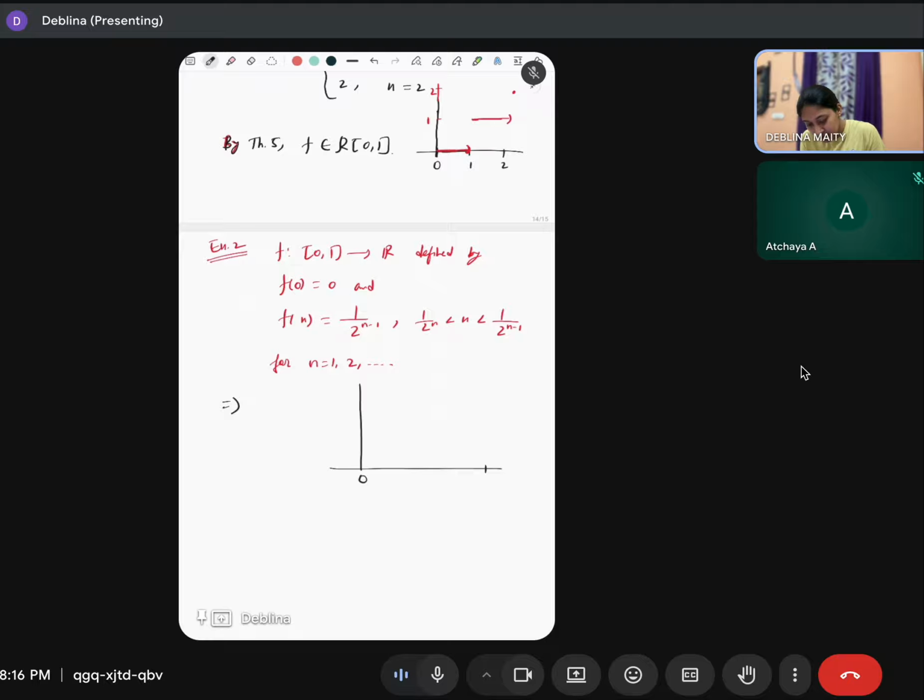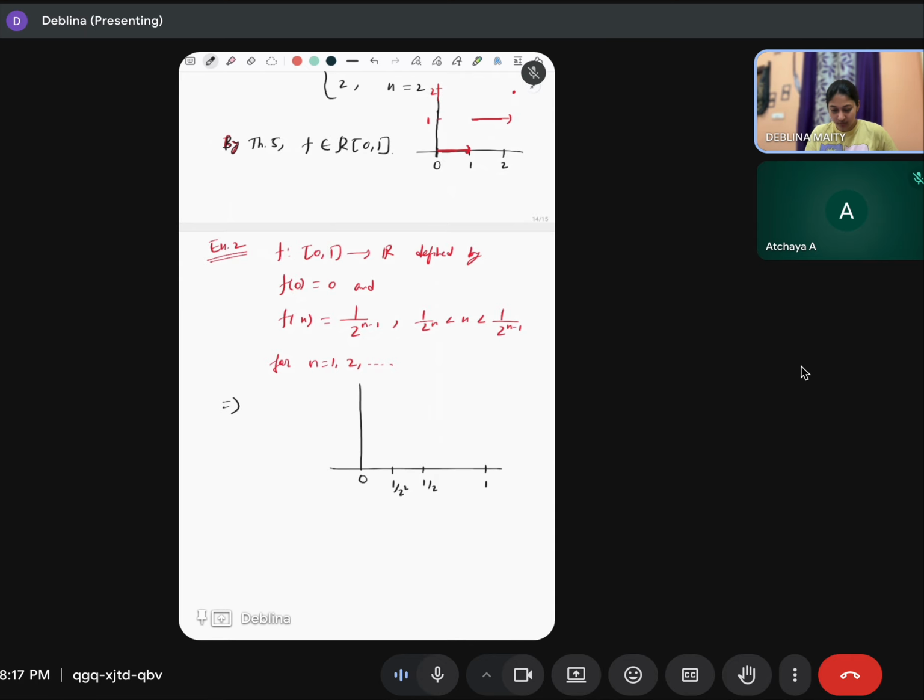This is 0, this is our 1. 1 by 2 square, right? Now from half to 1, so n is 1, right?